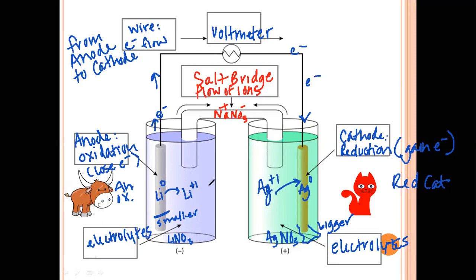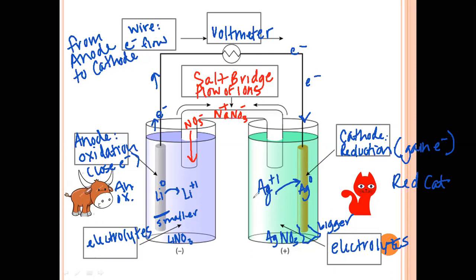Your solution is going to have excess positive charges. So NO3 minus, the anion, moves down into here to make up for the extra charges. The anion moves into the anode. So an and an.